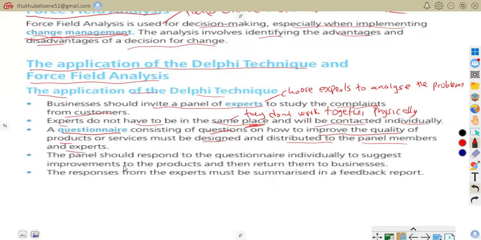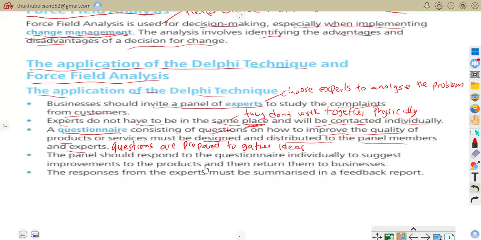So here we are about designing and distributing the questionnaire, meaning questions are prepared to gather ideas. You ask how to improve quality, so you're going to ask by means of questions. Hope you're together on that, good people.